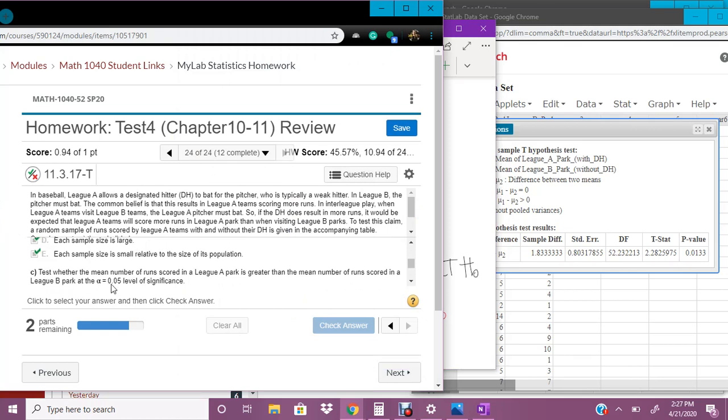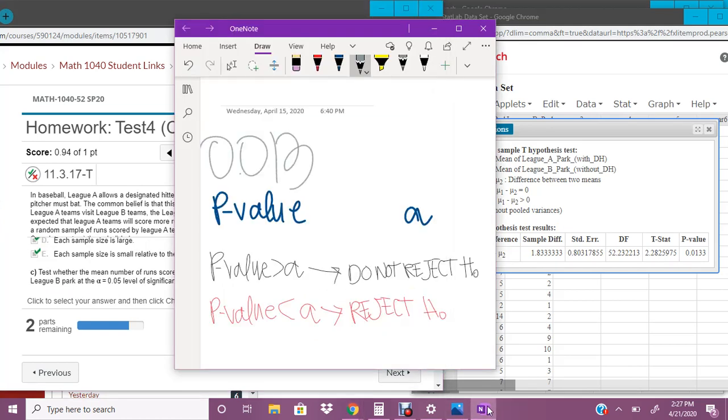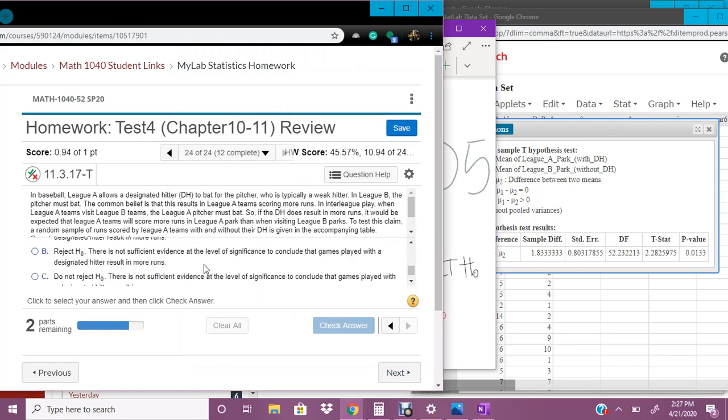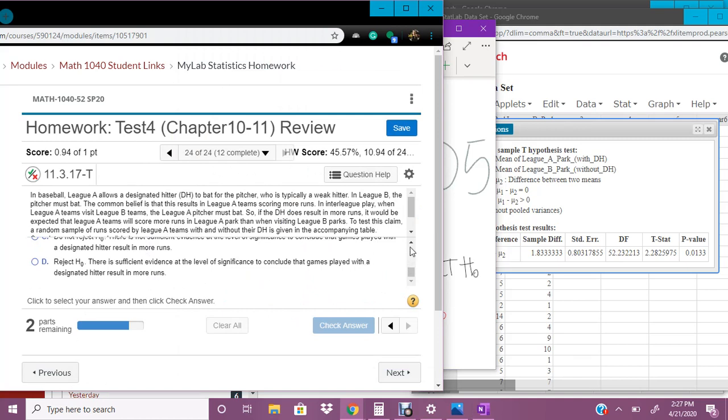Right here, 0.05. Our alpha is definitely greater than our p-value, and so we're going to reject the null. And when we reject the null hypothesis, it's because there's sufficient evidence to conclude that the alternative hypothesis is correct.